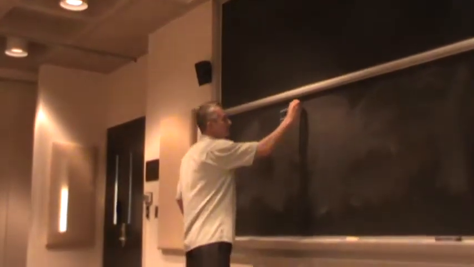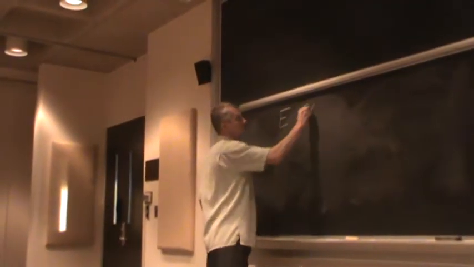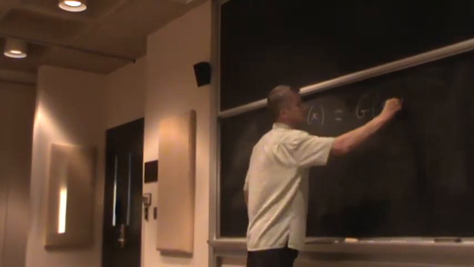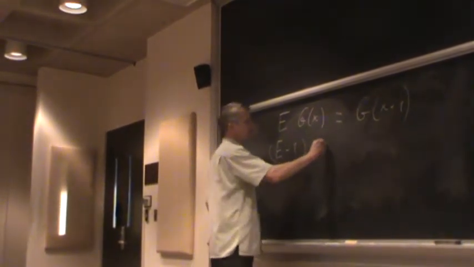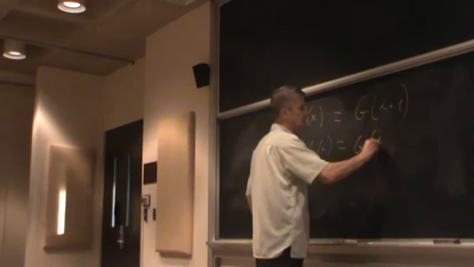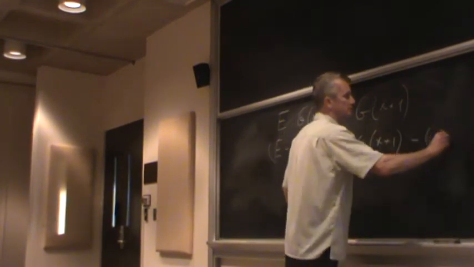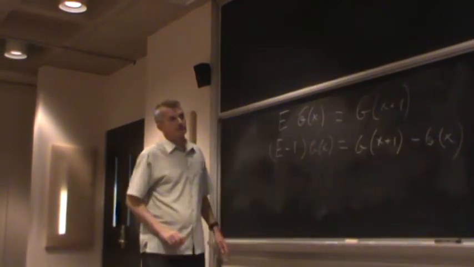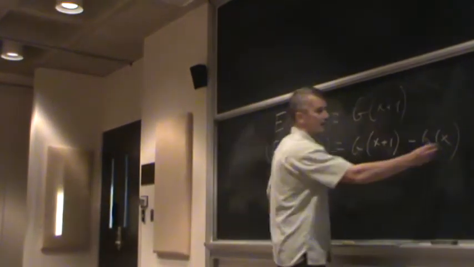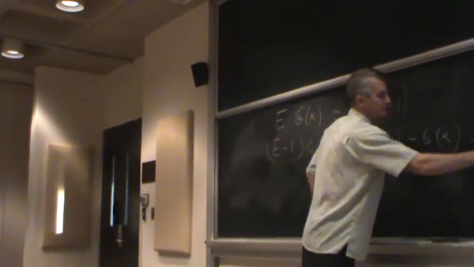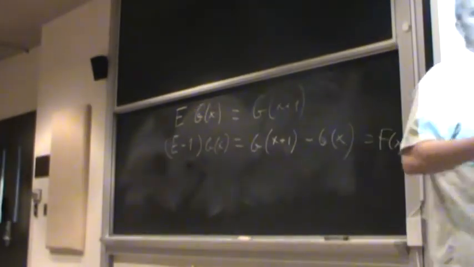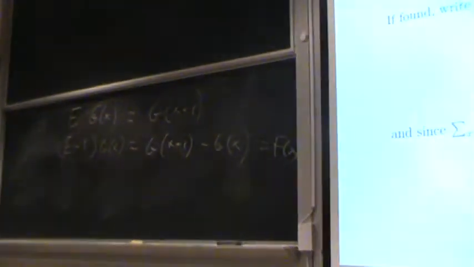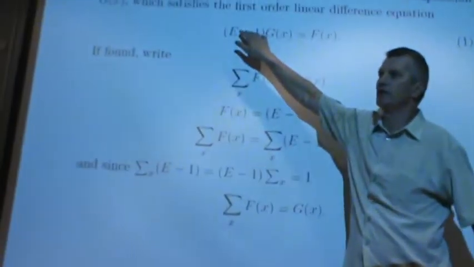So E applied to g of x is g of x plus 1, and then e minus 1 applied to g of x is g of x plus 1 minus g of x. If this happens to be our summand, then g is the indefinite sum. The same as with integration: replace the sum by an integral sign and differencing by differentiation.